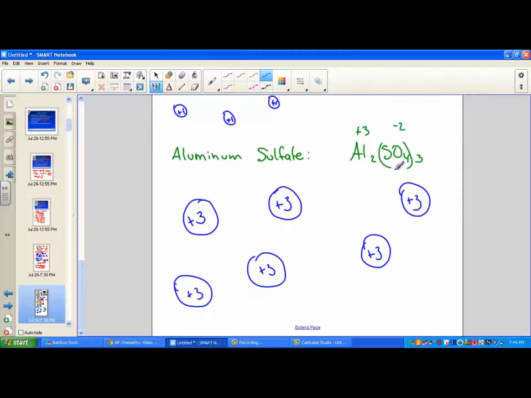Now, how many sulfates will we need? Remember, for every 2 aluminums, we have to draw 3 sulfates. Let's do that in red. So here's 2 aluminums. I have to draw 3 sulfates. And they're going to be -2, so I'll make them just a little bit smaller. Al2(SO4), taken 3 times. So I've got to draw 3 more here. Alrighty.